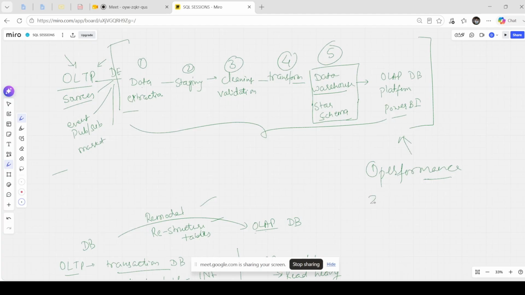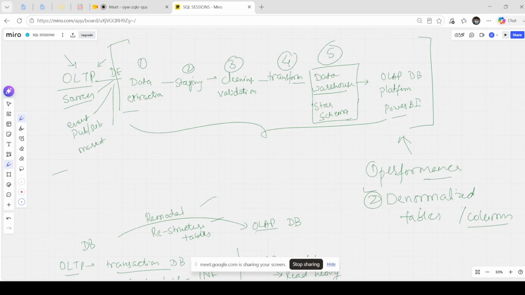Okay. And then if performance is important and no other thing is important, then I can have denormalized tables. Denormalized tables means what? It means that you can have duplicate records, or instead you can say duplicate columns. So if the data is not normalized, it means denormalized, right?